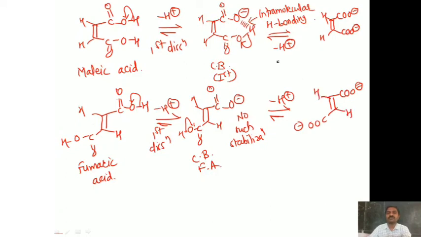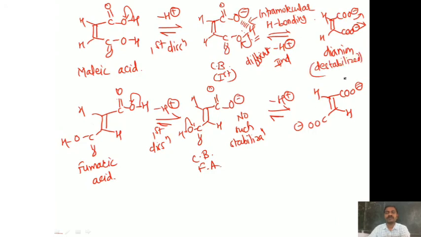Now after second dissociation of malic acid, the hydrogen is involved in hydrogen bonding, therefore its dissociation is difficult. And if the dissociation takes place, it forms this dianion which undergoes repulsion. Therefore, the conjugate base is destabilized.